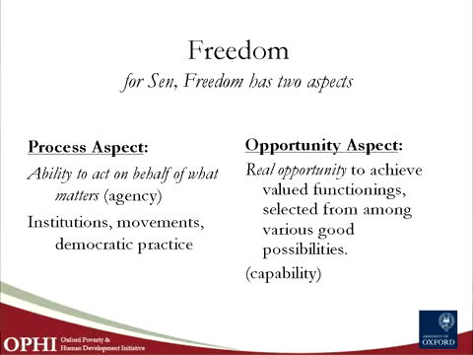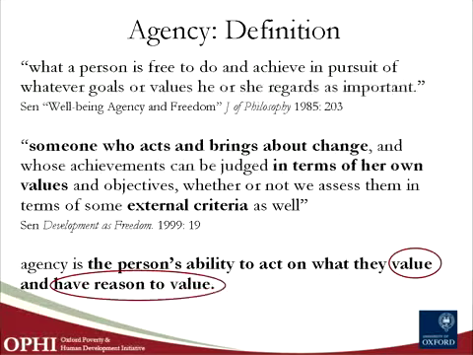And it is differently configured for Martha Nussbaum, who does not have a concept of agency in her writing. So for Sen, what a person is free to do and achieve in pursuit of whatever goals or values he or she regards as important is their agency.